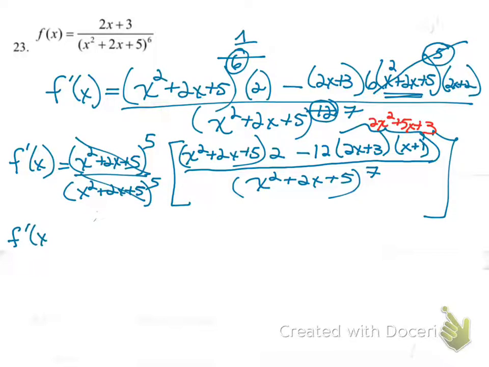F prime of x equals. Go ahead and distribute. So I have 2x squared plus, carefully, 4x plus 10.